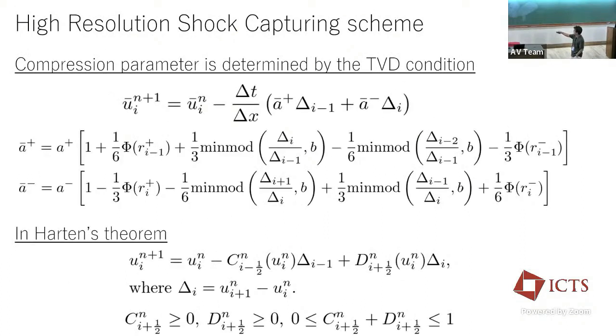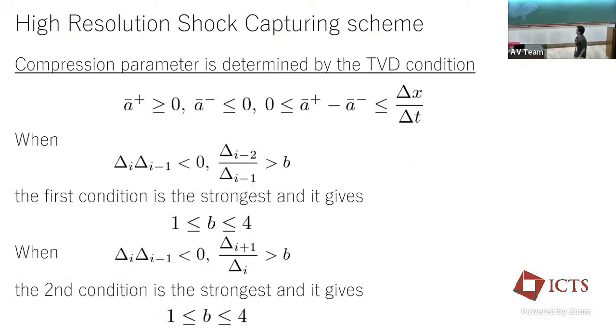Let's compare this scheme and Harten's theorem scheme. You can easily find the correspondence between C and A bar plus, and D and A bar minus, right? So then this is a condition to get the total variation diminishing scheme. So now we can estimate what is the appropriate value for B. Harten's theorem tells you that A bar plus and A bar minus should satisfy this condition.